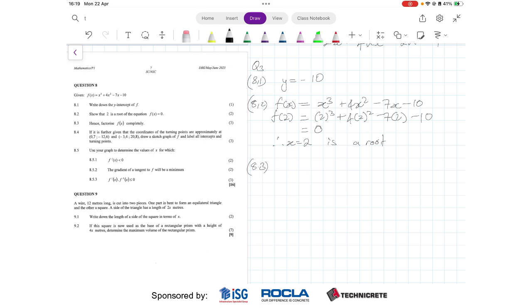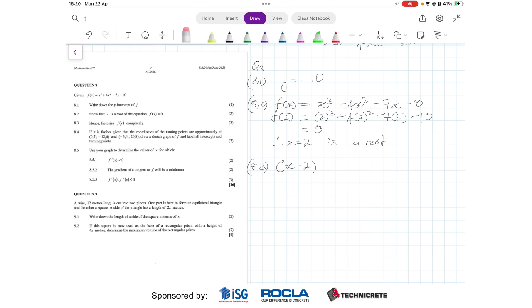8.3. Hence, factorize f at x completely. Now, we know that x equals 2 is a root, which immediately tells you that x minus 2 must be one of the factors of our expression.